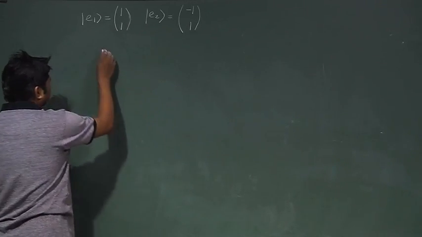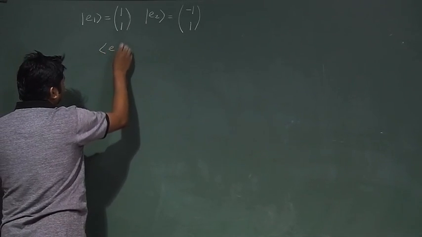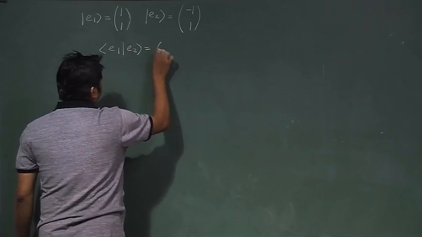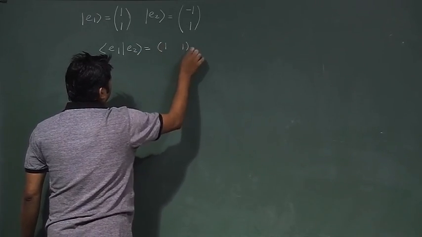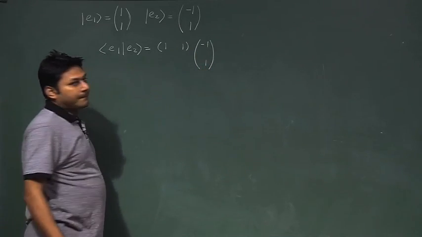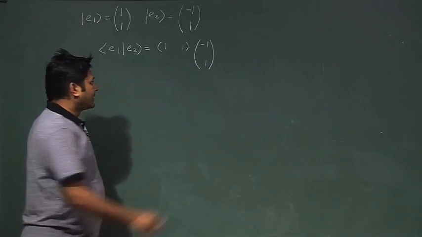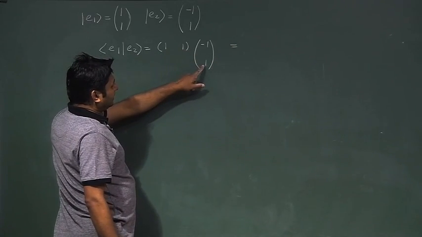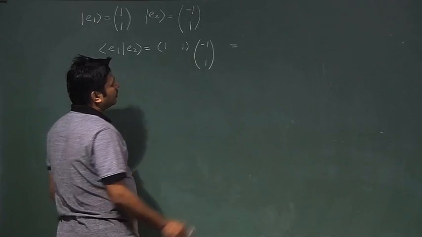So let us find out. If I find E1 E2, it will be 1 1 and minus 1 1. One multiplied by minus 1, plus 1 multiplied by 1, so minus 1 plus 1, it is 0.